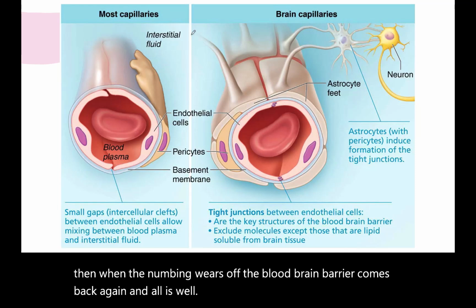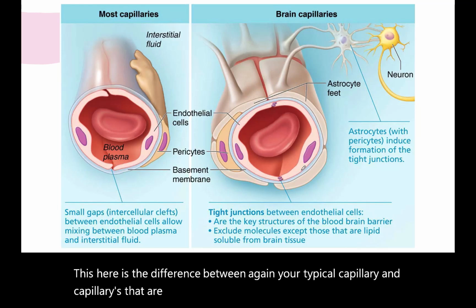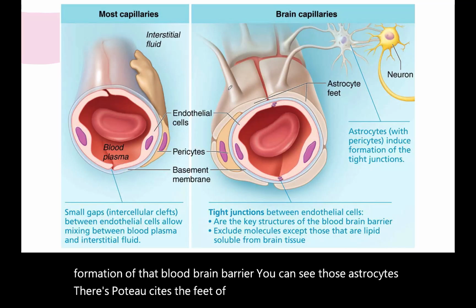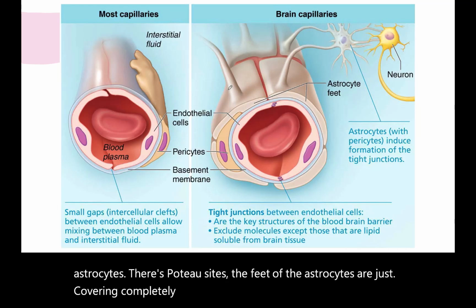This here is the difference between your typical capillary and capillaries that are entering into that neural tissue, and the formation of that blood-brain barrier. You can see those astrocytes, the podocytes, the feet of the astrocytes, just covering, completely protecting the capillaries within the brain.